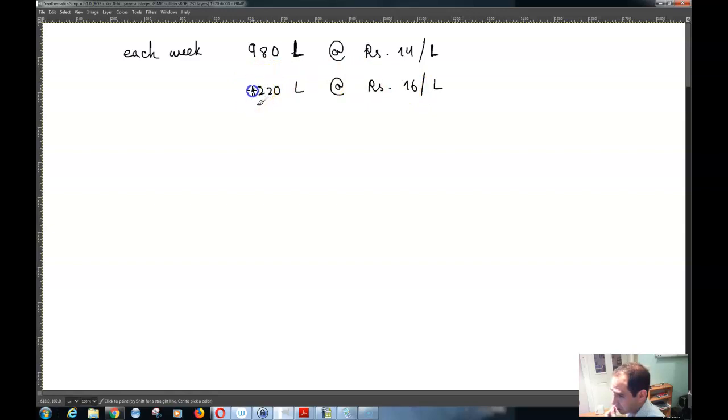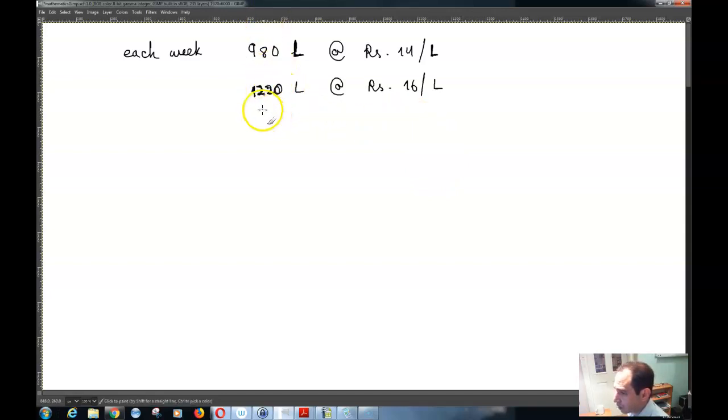Doesn't make any sense, because now that you have increased the price you pay, you can sell more. Assuming a linear relationship between selling price and demand, how many liters could he sell weekly at 17 rupees per liter?